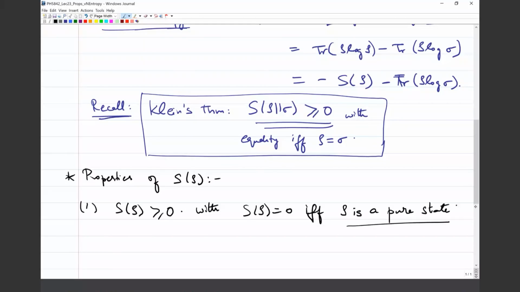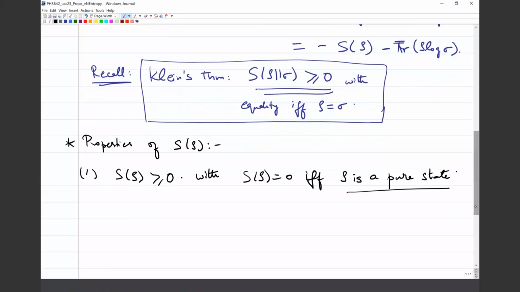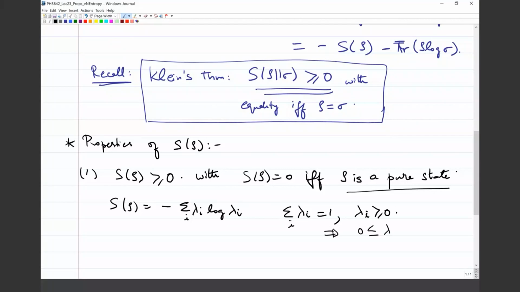So how can you show that it is always positive? That simply comes from the fact that you can evaluate it to be minus sum over i lambda i log lambda i, where lambda i are the eigenvalues of this density matrix rho. Since the lambda i are such that they must sum to 1 and they are real positive quantities, this must then mean that the lambda i's lie between 0 and 1, right?